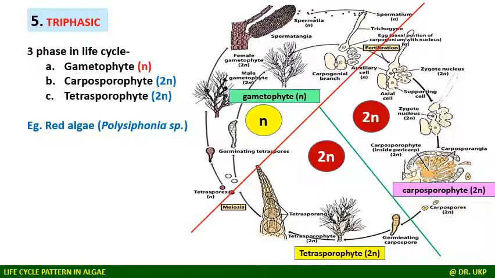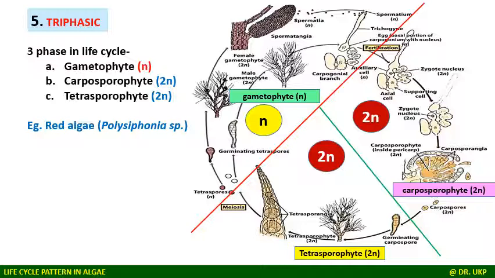Hence the whole life cycle is divided into three stages: haploid gametophyte phase, diploid carposporophyte phase, and diploid tetrasporophyte phase. This type of life cycle is very common in red algae. I have shown here the life cycle pattern of Polysiphonia specifically, because that is very common in every textbook and in every syllabus of any university.